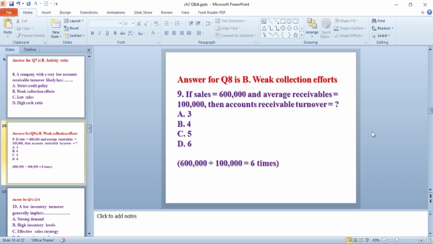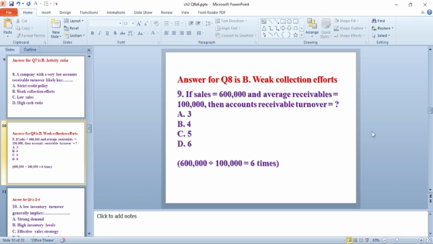Question number 9. If sales is equal to 600,000 and average receivable is equal to 100,000, then account receivable turnover is equal to dash. Account receivable turnover is equal to sales divided by account receivable.